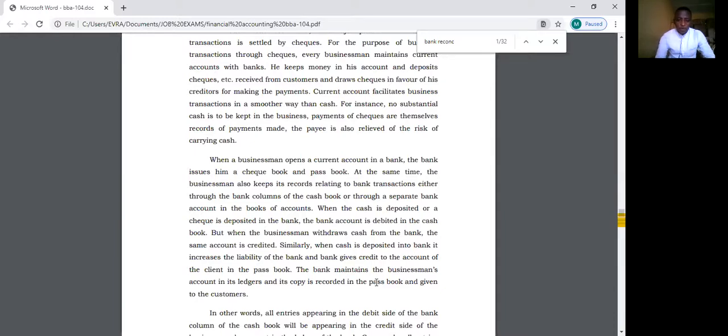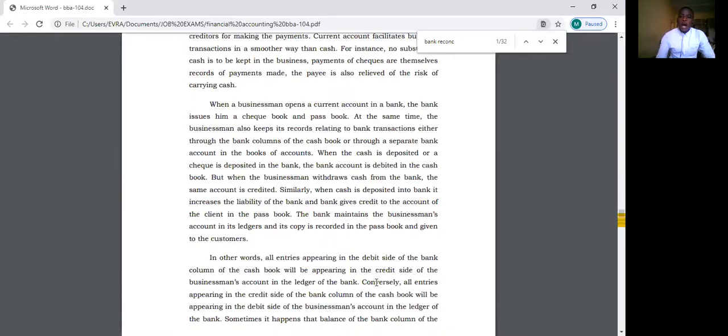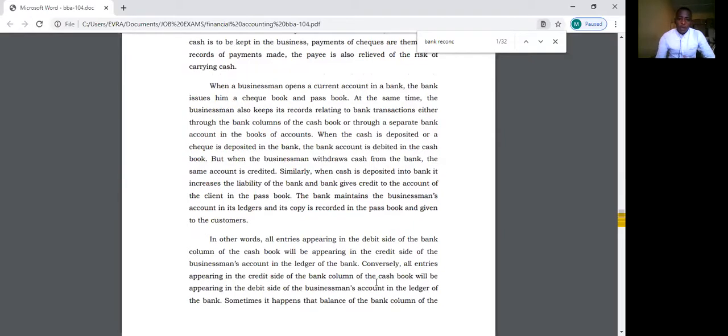In other words, all entries appearing on the debit side of the bank column of the cash book will appear on the credit side of the businessman's account in the ledger of the bank. Conversely, all entries appearing on the credit side of the bank column of the cash book will appear on the debit side of the businessman's account in the ledger of the bank.